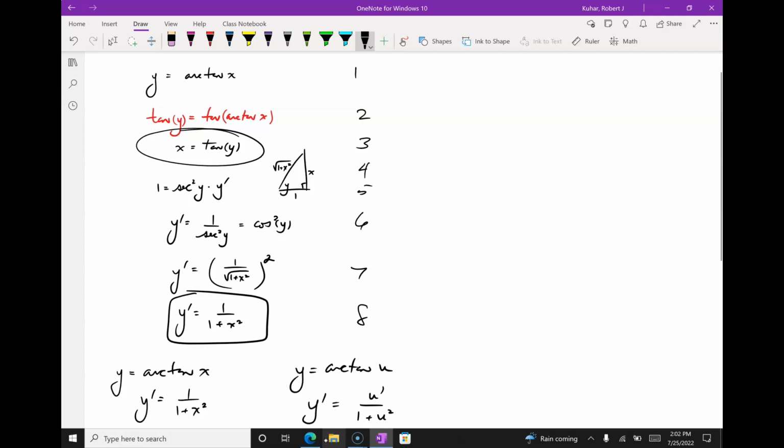Inverse trig, properties of inverse trigs. Arctan.